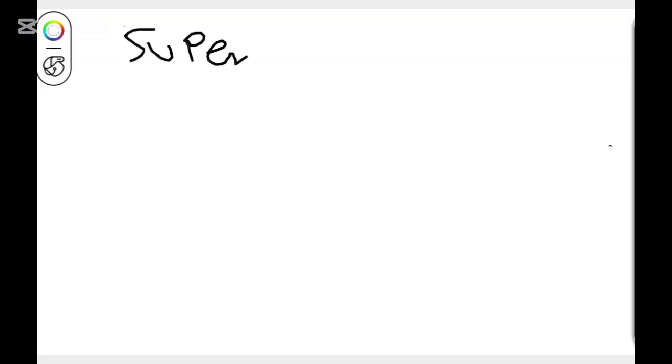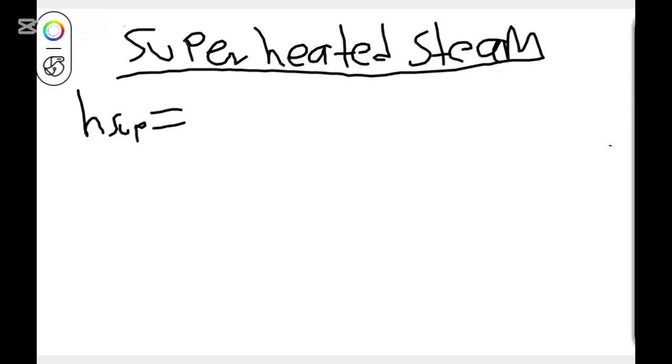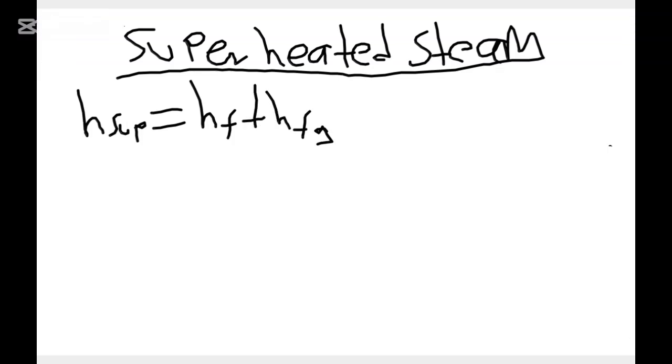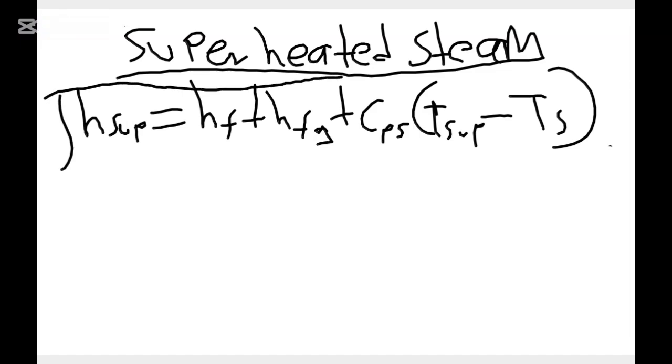And we have the superheated steam formula. The enthalpy of superheated steam, H superheated, is the same thing as HF plus HFG plus CPS open bracket T superheated minus TS.